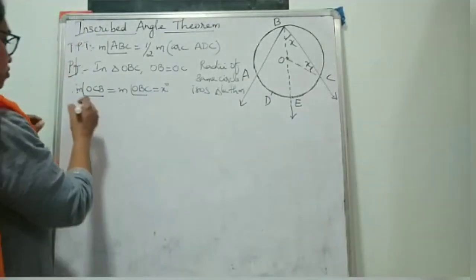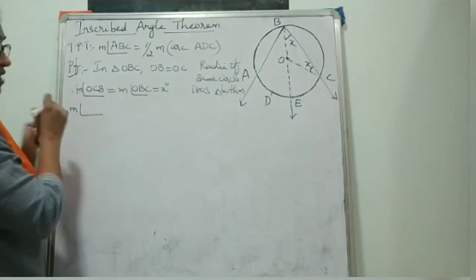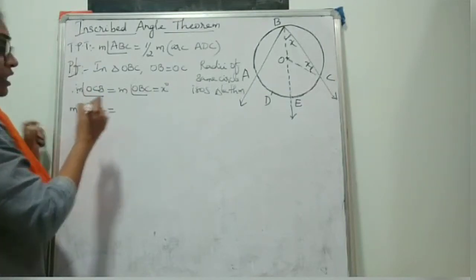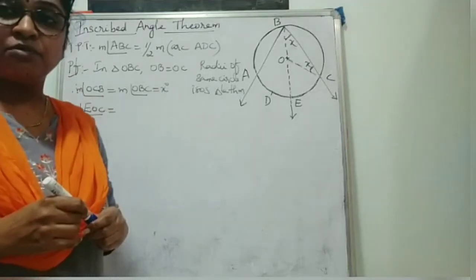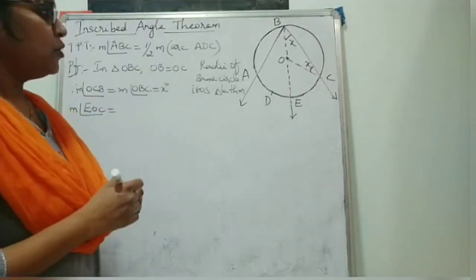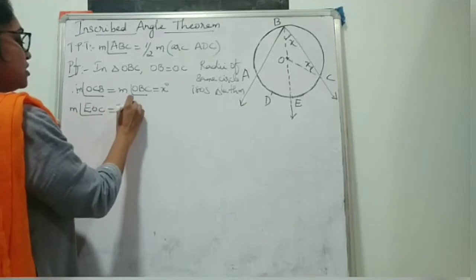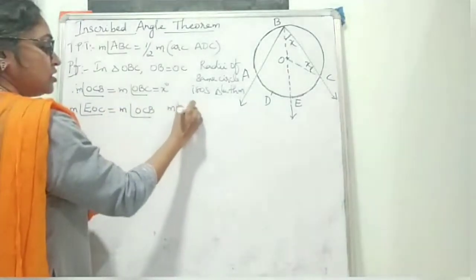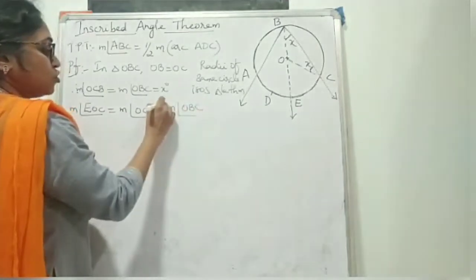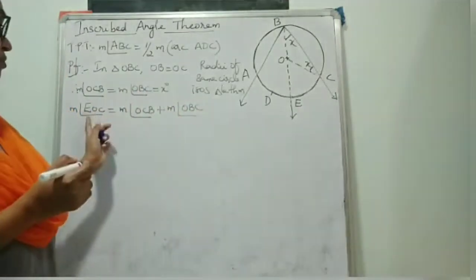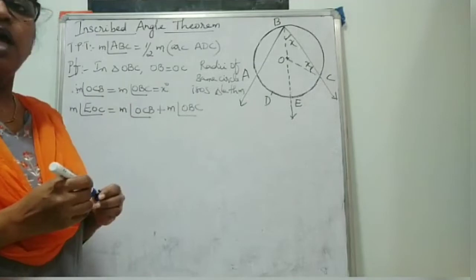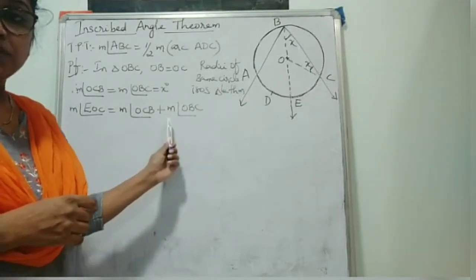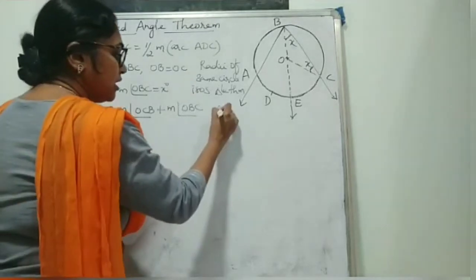According to the remote interior angle theorem, the measure of the exterior angle, that is EOC, is equal to the sum of the remote interior angles. In this figure, the remote interior angles are OCB and OBC. So this is your remote interior angle theorem.